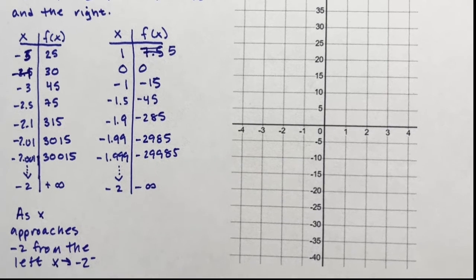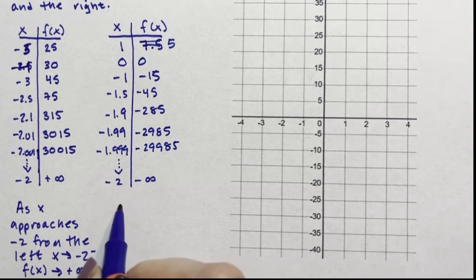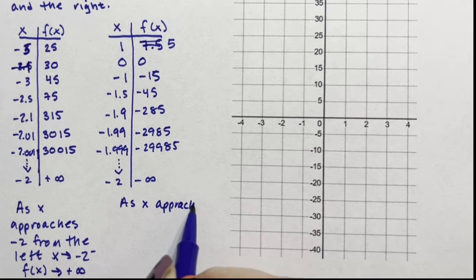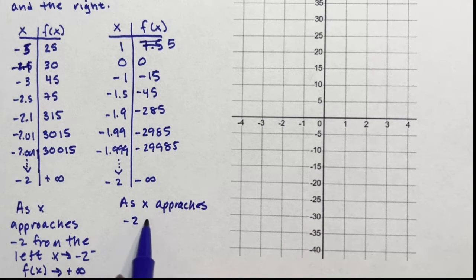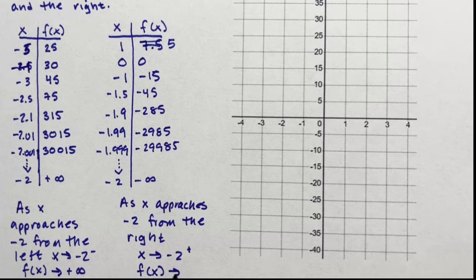That's what that little negative means. F of x approaches positive infinity. For this one, we're going to say as x approaches negative 2 from the right, so x approaches negative 2 from positive numbers, f of x approaches negative infinity.